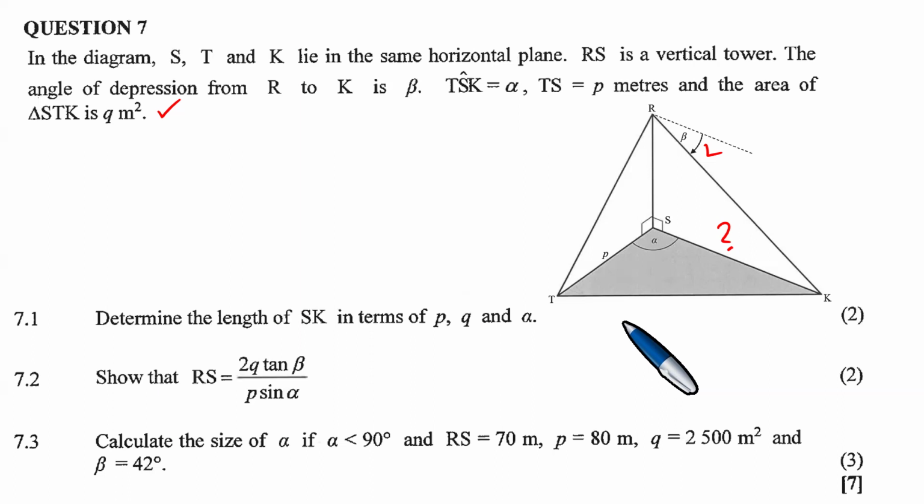Any idea? Right. So obviously, to find the length of SK in an expression that involves Q, you need to use the area rule. So you have the area.